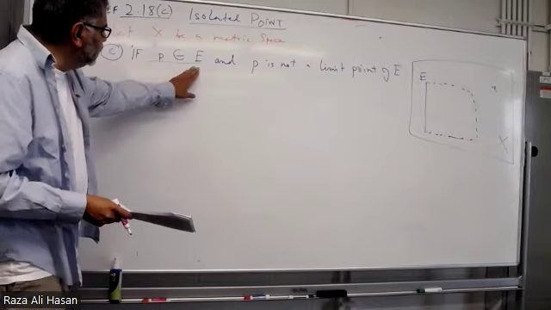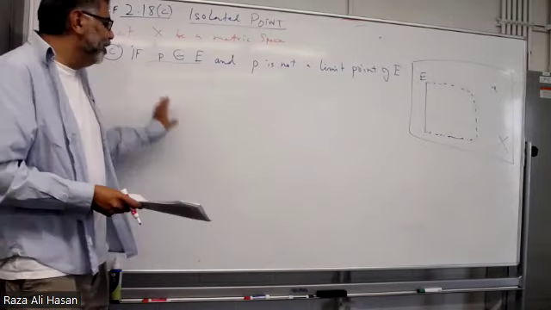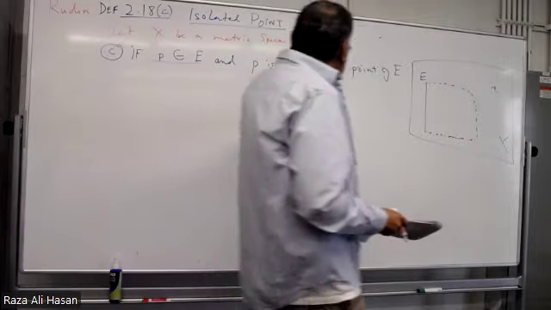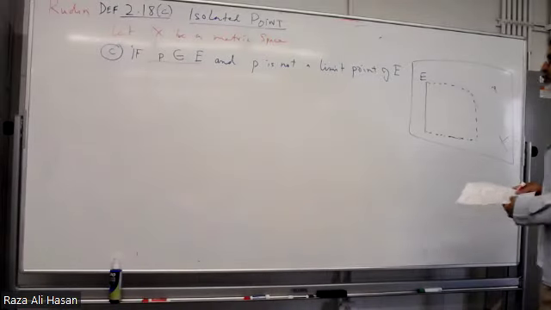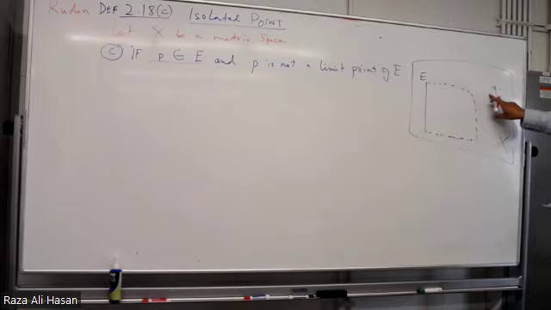So if P is in E and P is not a limit point, then what we figured out was that it has to be outside here.